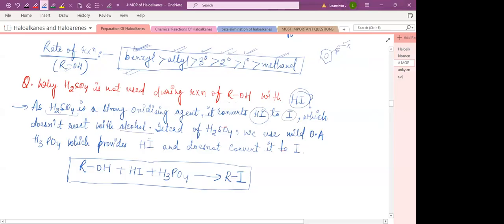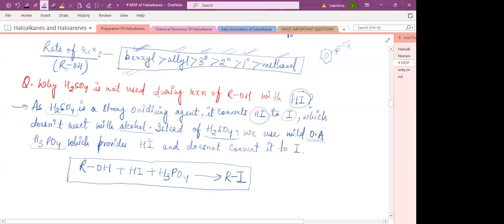So HI has been converted to iodine, which doesn't react with alcohol. Instead of sulfuric acid, we use a mild oxidizing agent, H3PO4.